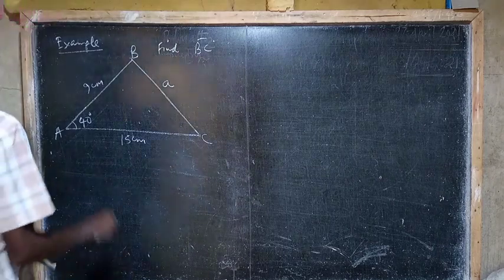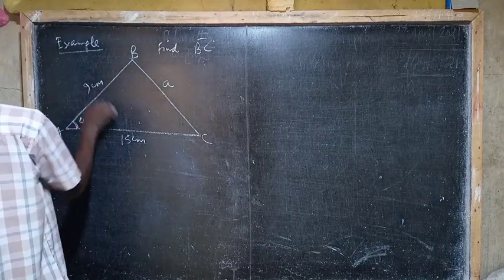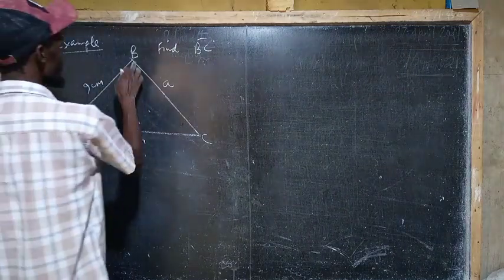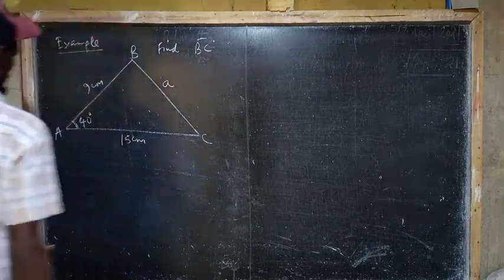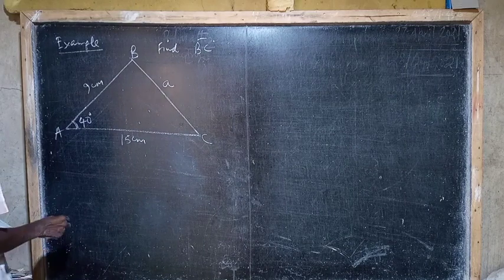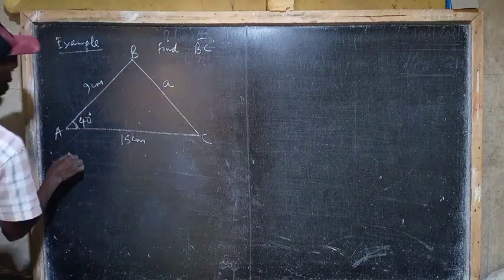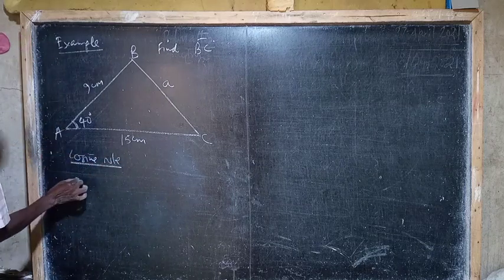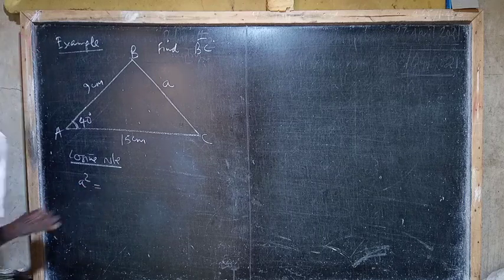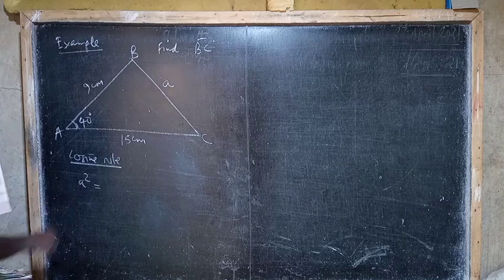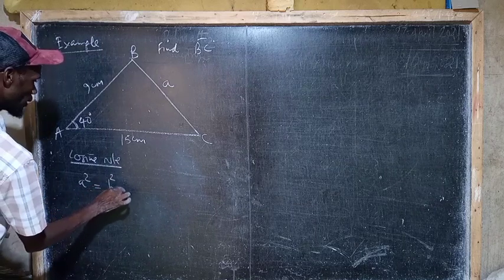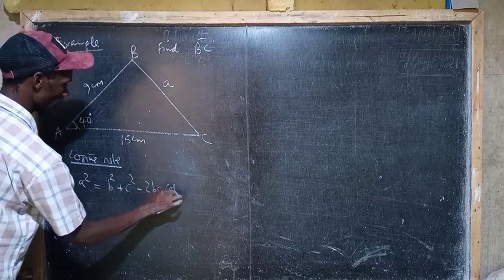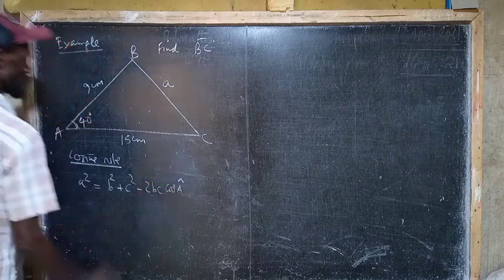When you look at this, you have only this angle and these sides, and we are looking for BC. Using the cosine rule, a squared equals b squared plus c squared minus 2bc cosine of A. Very simple.